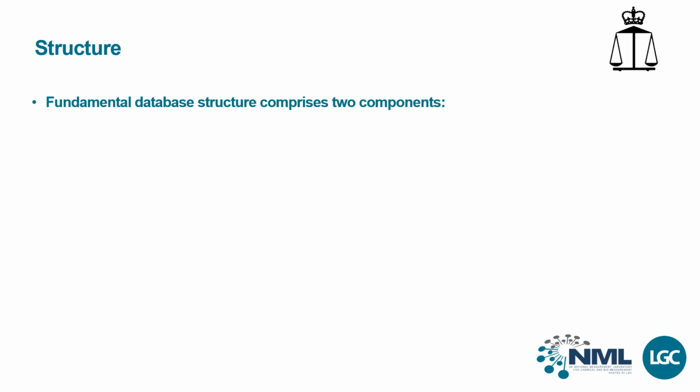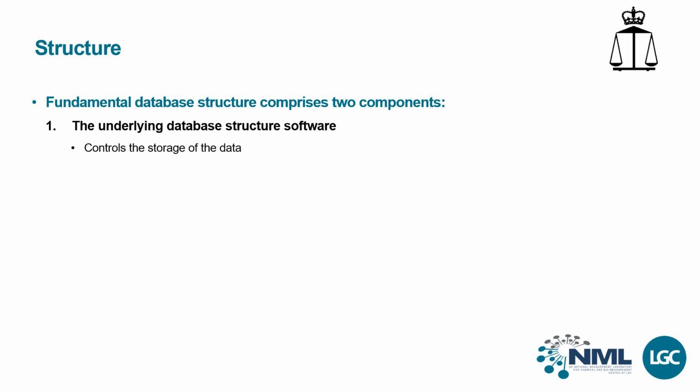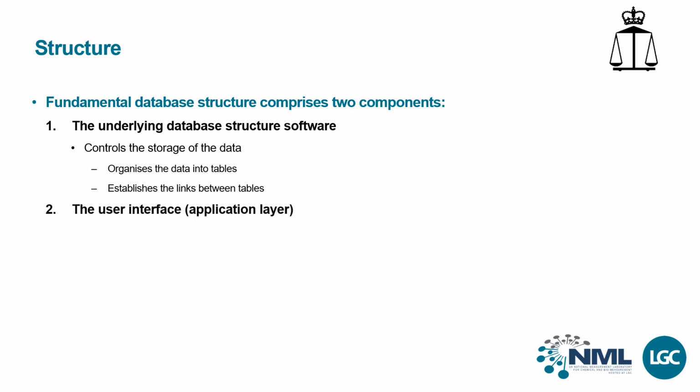Basic database structure comprises two components. Firstly, the software underlying the database structure. This controls the physical storage of the data, organises the data into tables, and establishes the links between different tables. The second component is referred to as the application layer and provides the interface between the database and the user.